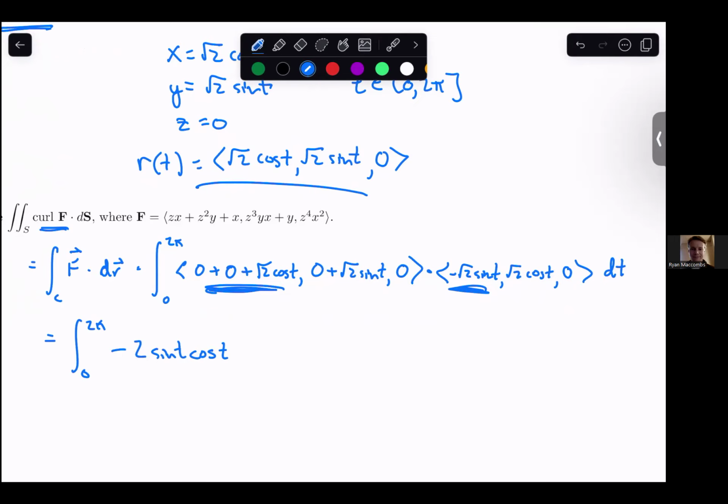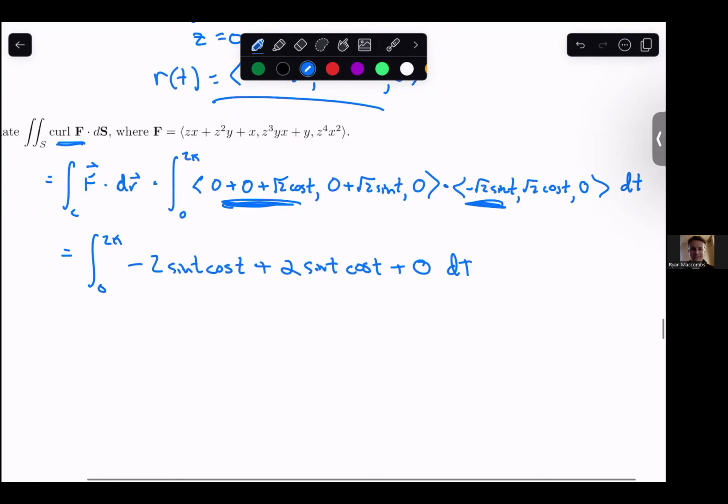There's that negative sign, and then there's one sine and one cosine. Next up, we're going to have plus, and root 2 and root 2 make 2, and again, we have a sine and a cosine. And 0 times 0 is 0. And so this is another one where we're going to be integrating just 0 in this case. So my final answer for this problem is 0.